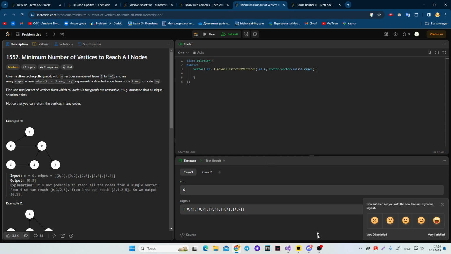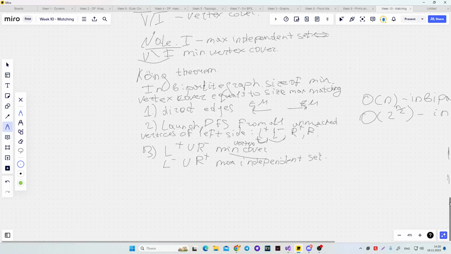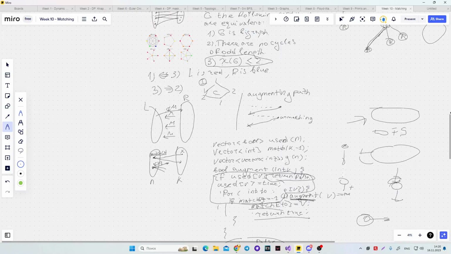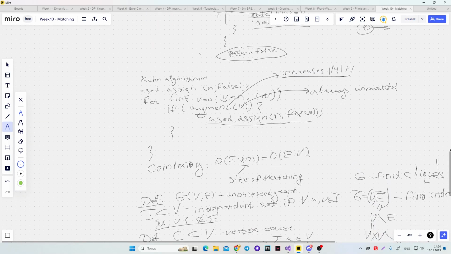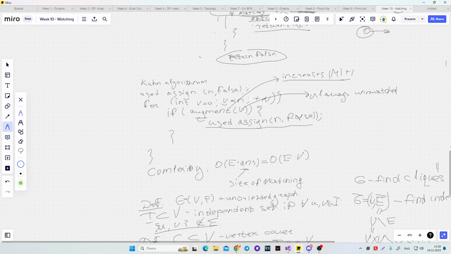Okay, we can prove this theorem. Where is it? Kuhn algorithm. We can prove this. How?